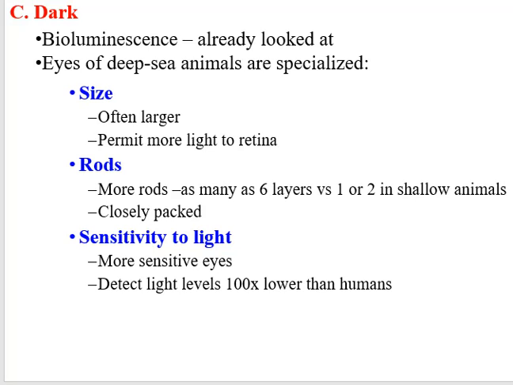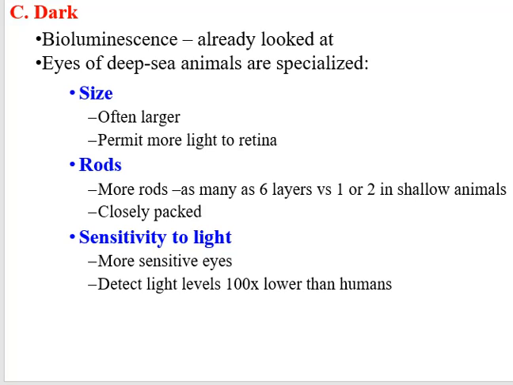Another characteristic is if you look in their retina, there are rods and cones. Most of you are familiar with the idea that you've got these two photoreceptors in the eyes of vertebrates, and even invertebrates that have eyes like this, with different sensitivities.